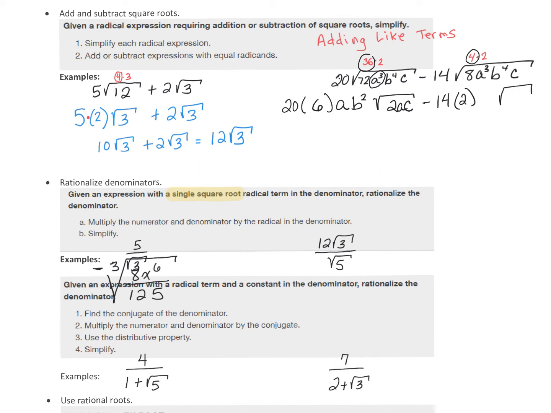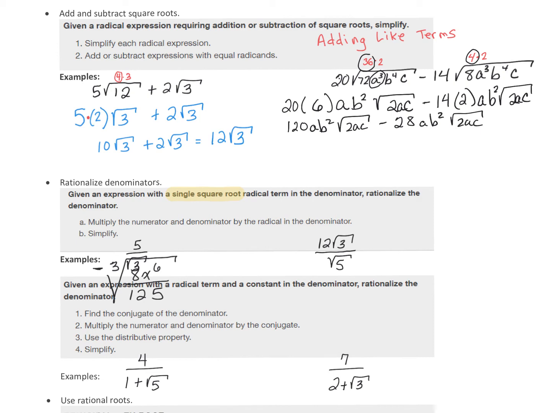I've got a 2 left over, an a, oops, I got an a left over, and a c. So I have 120 ab squared square root of 2ac minus 28 ab squared square root of 2ac.